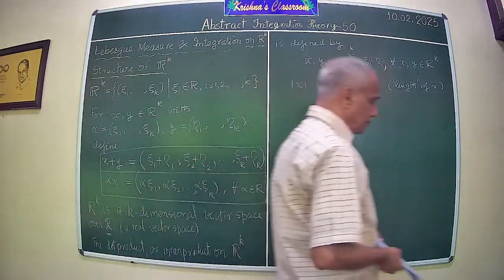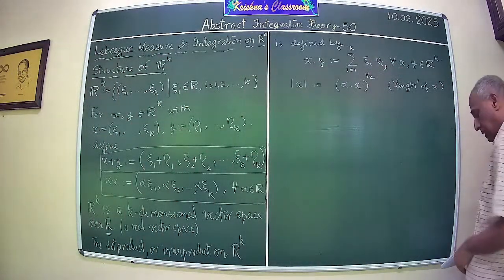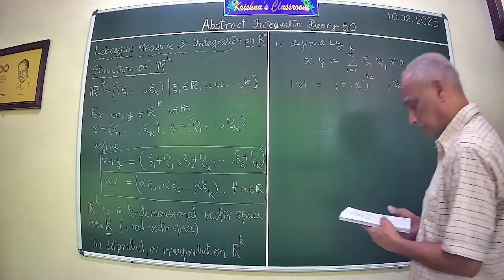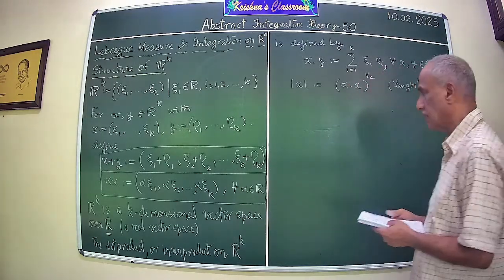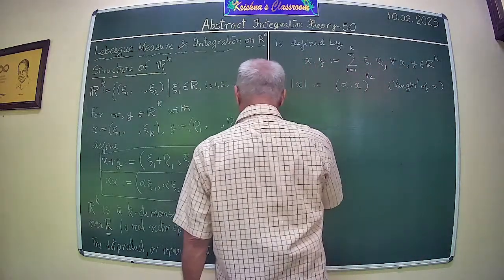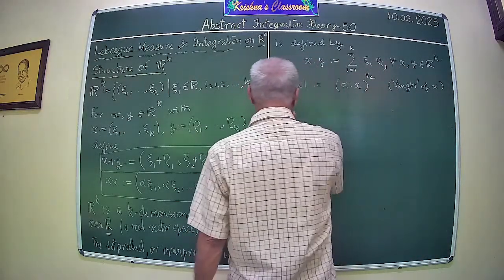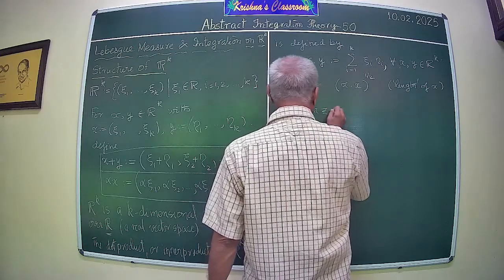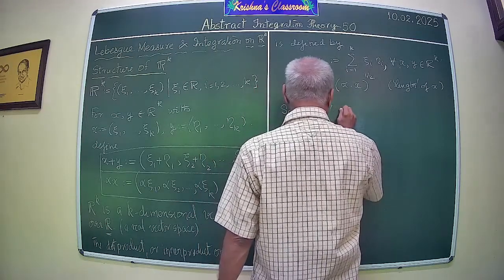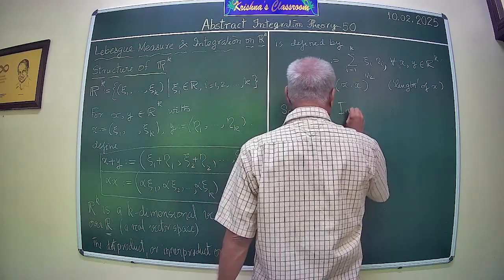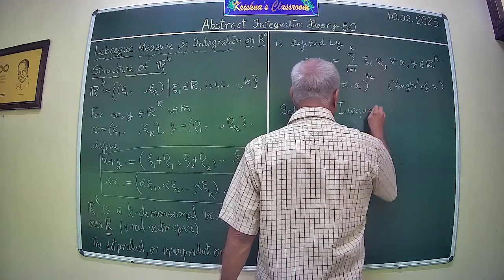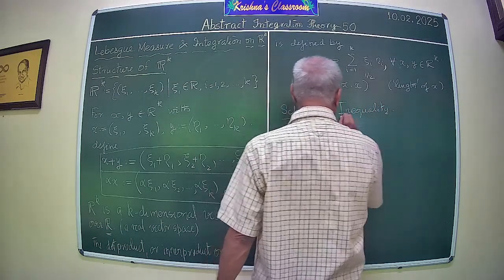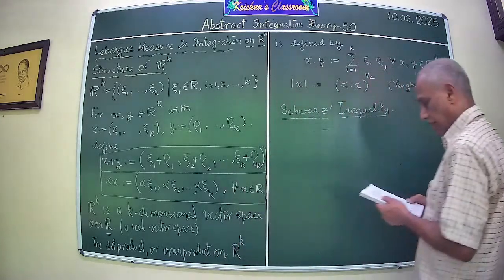Now, one of the interesting features of this inner product or dot product is that it satisfies the Schwarz inequality. It's called the Cauchy-Schwarz inequality. What you have is this.